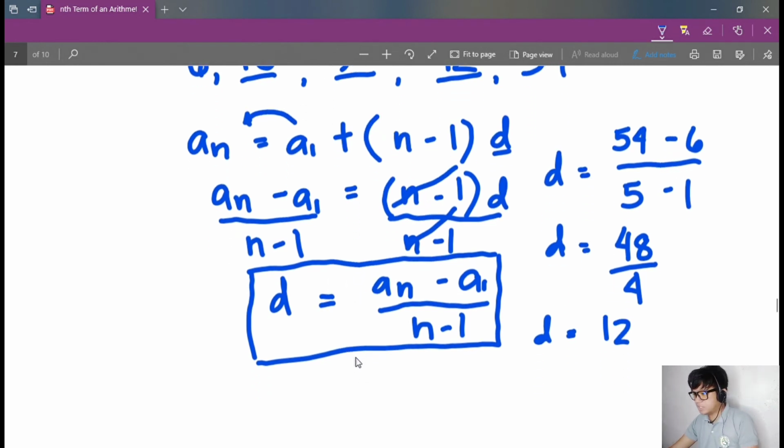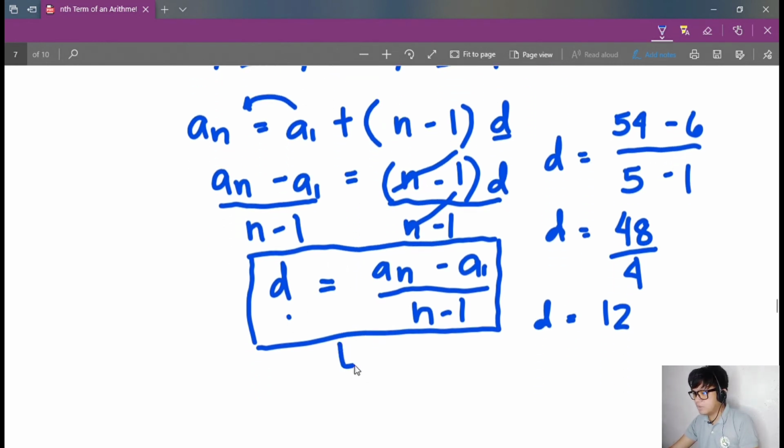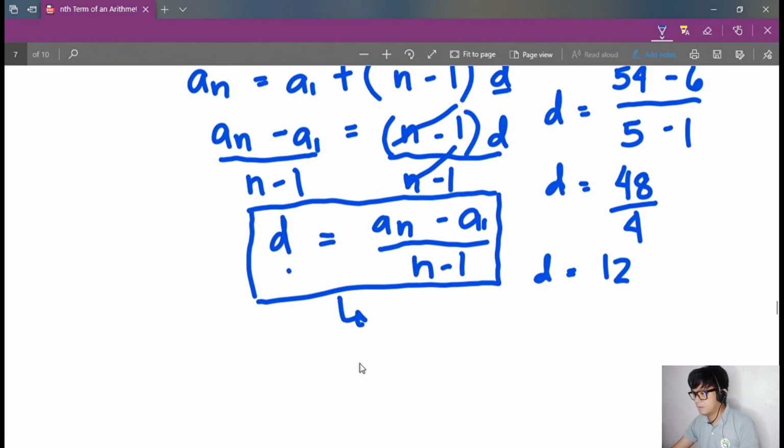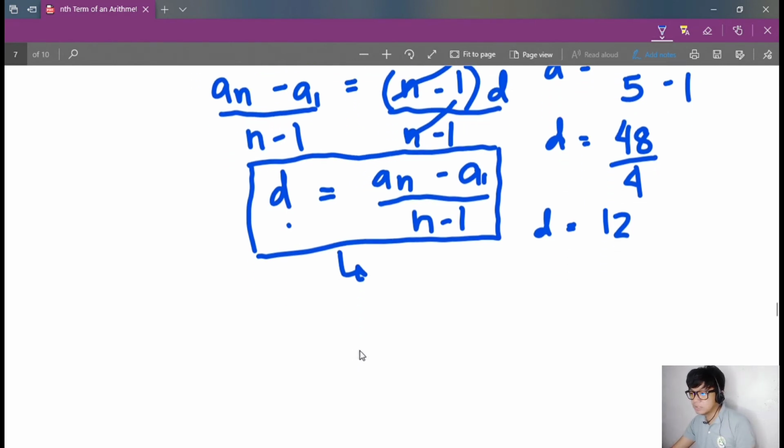So, ito yung derivation na ng finding the common difference. Pero, kung nakalimutan nyo, you go back to the original formula, yung arithmetic sequence na formula. Pwede naman din, doon na kayo mag-derive ng final answer ninyo.